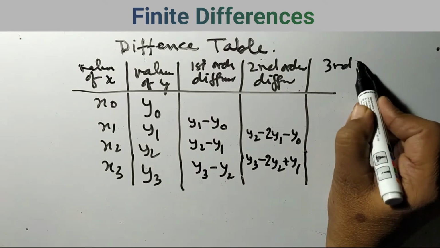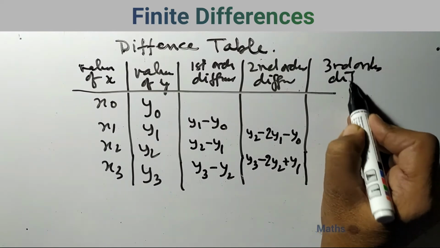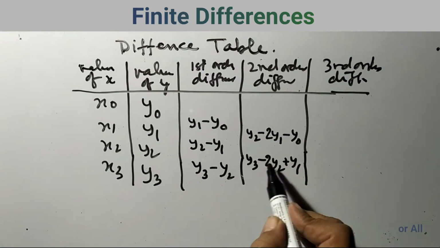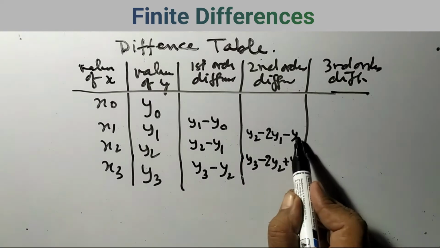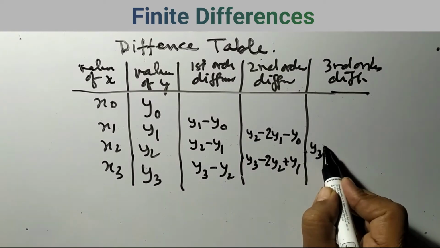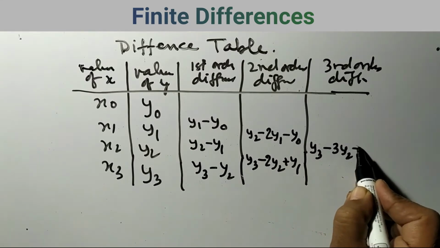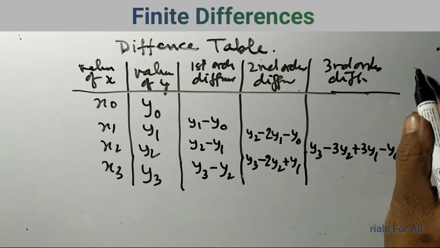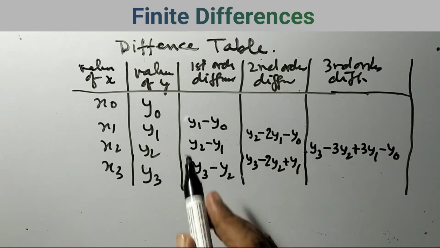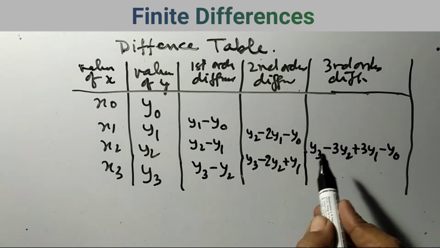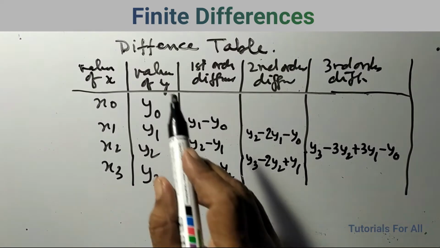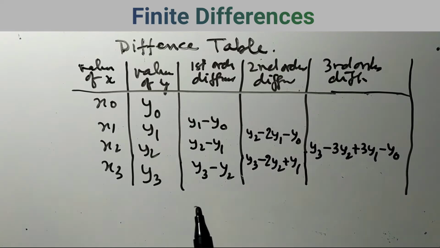Third order difference: this quantity y3 minus 2y2 plus y1 minus the previous quantity becomes y3 minus 3y2 plus 3y1 minus y0. Thus, successive terms are obtained in such a way. This is the difference table.